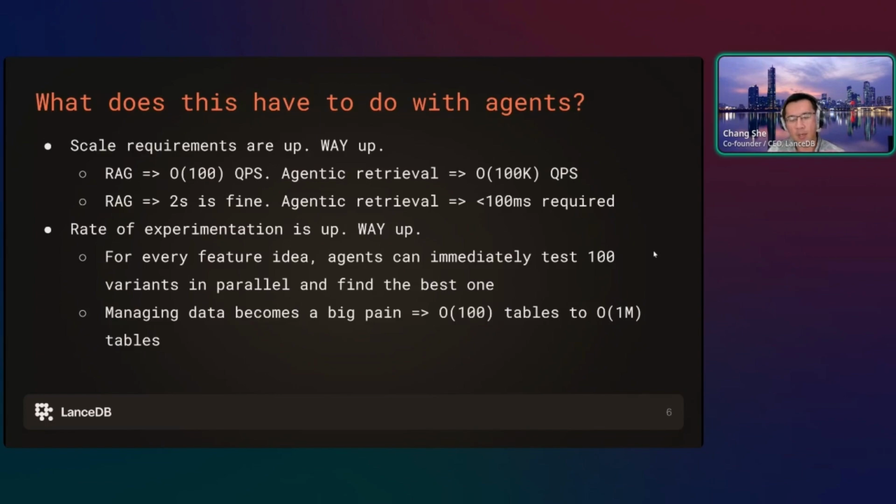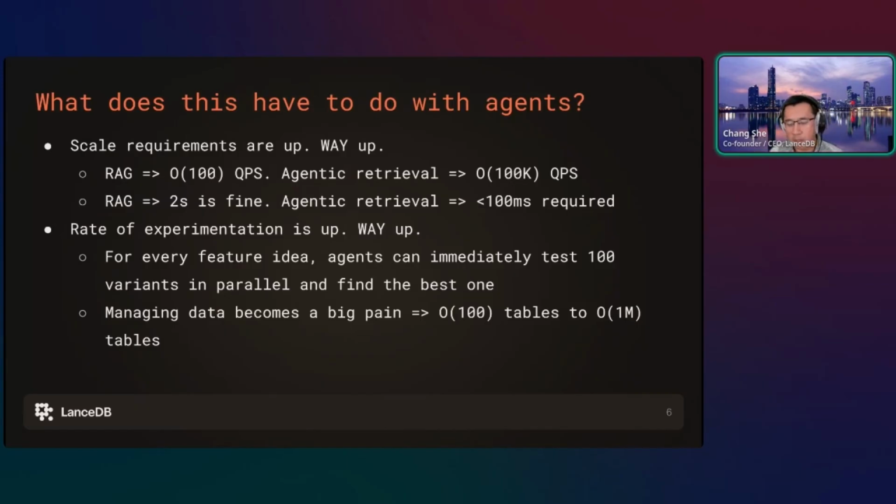A few years back, if you're managing a RAG data set or you're doing training data management by hand, you're looking at dozens of tables, maybe hundreds if you were a really large organization.